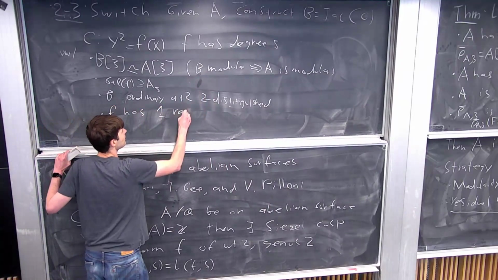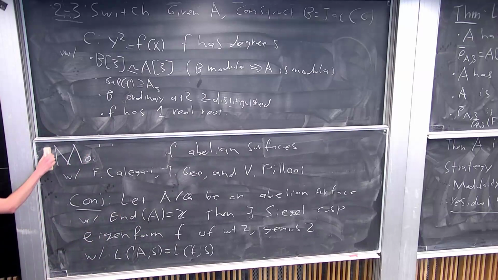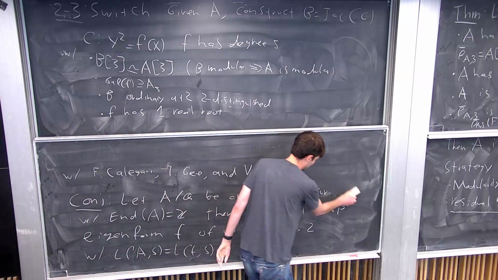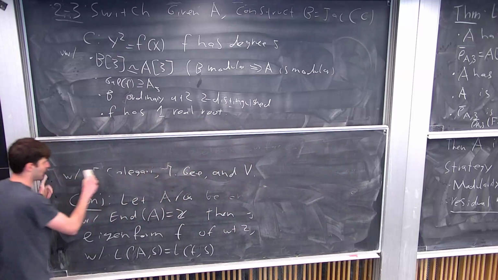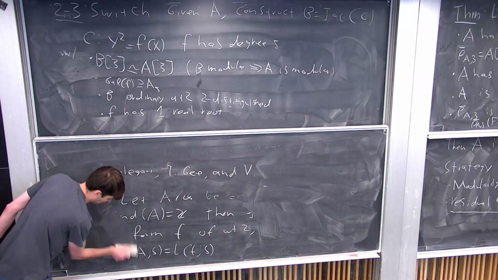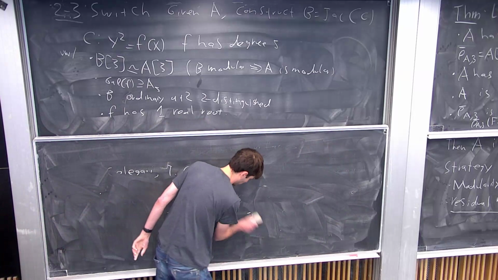Okay, so I'm not going to explain exactly how we prove that such a B exists, but actually it's surprisingly easy. And I'll just basically say in words, it's something that we proved in our previous work.